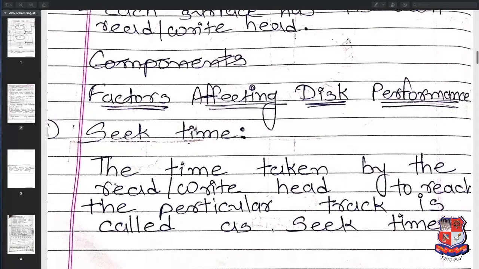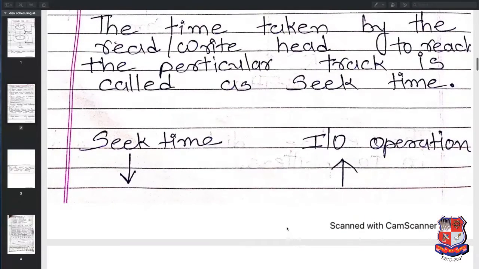So what is the seek time? The time taken by the read and write head to reach the particular track is called seek time. The read and write head moves on the surface in a zigzag pattern. If the value of the seek time is higher, then the speed of the IO operation is lower.